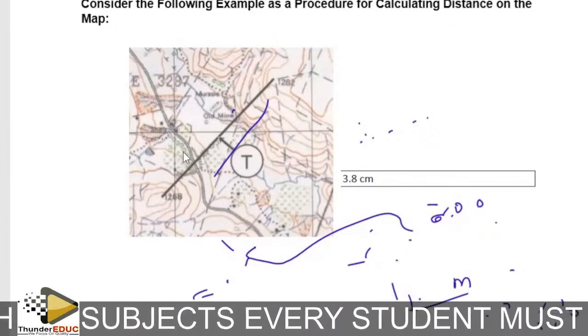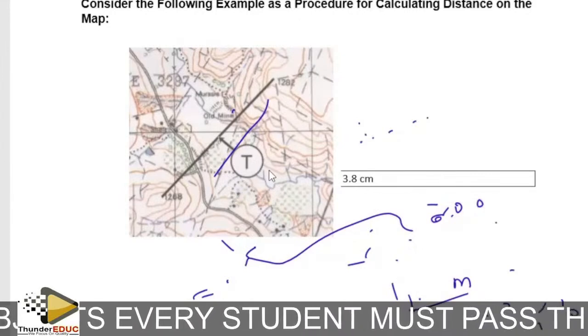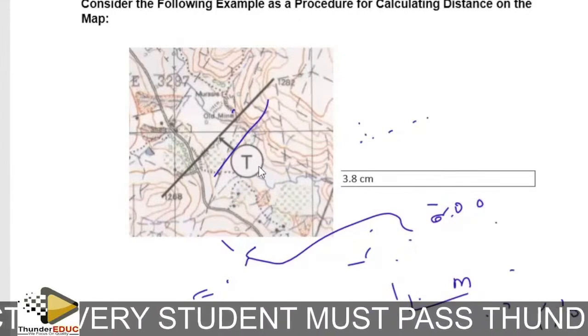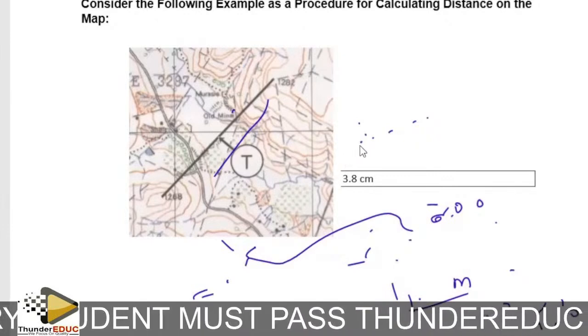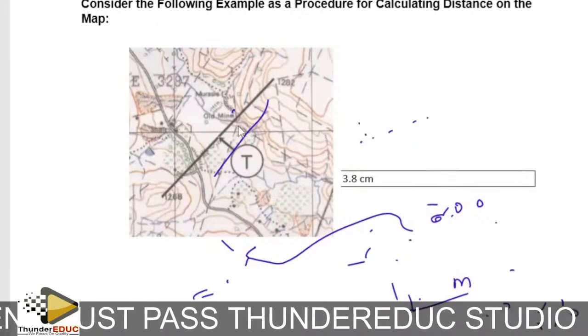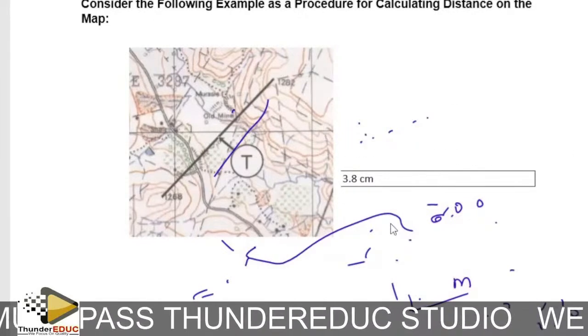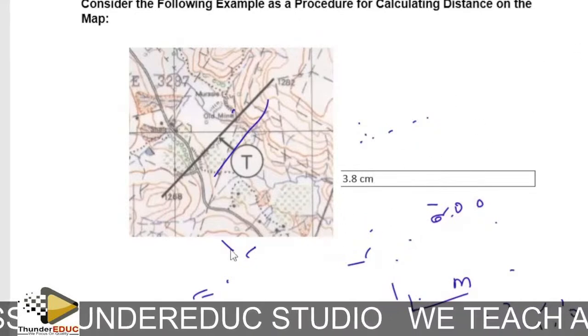If it's a topographic map and they want the answer in kilometers, 0,5. If they want the answer in meters, 500. If it's an orthophoto map and they want the answer in meters, 100. If they want the answer in kilometers, 0,1. Like that. So you won't find any challenges at all.